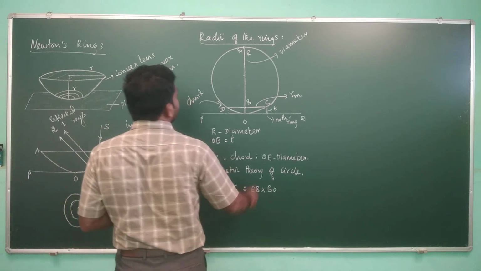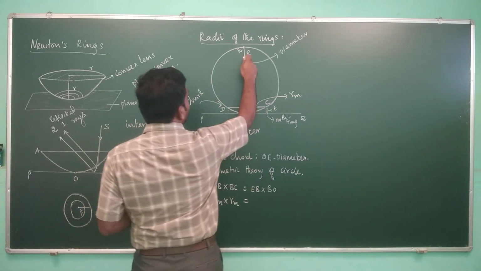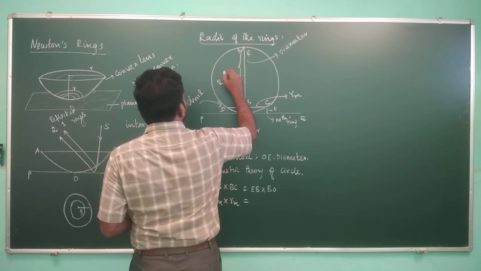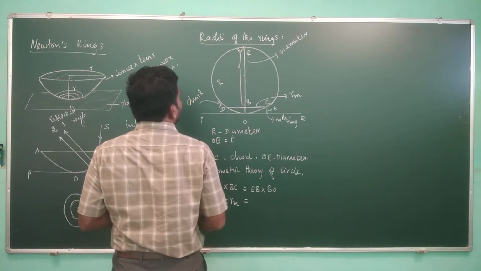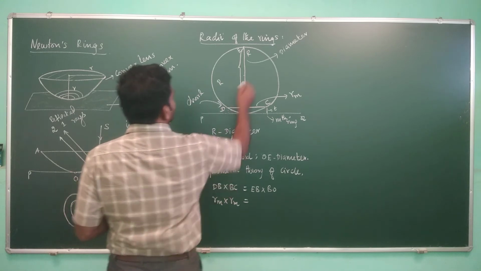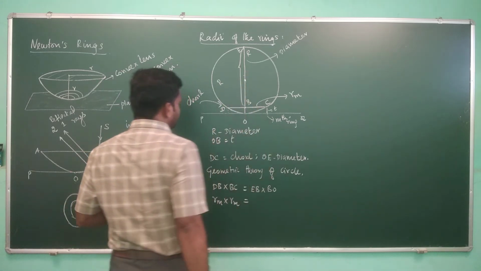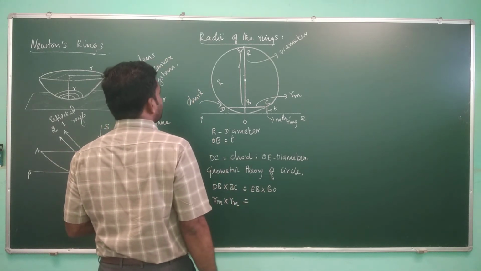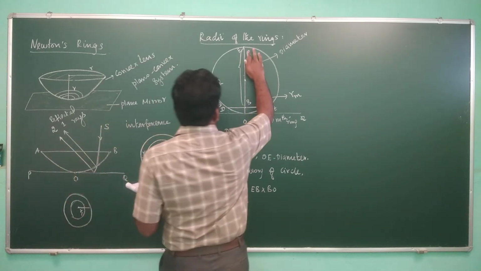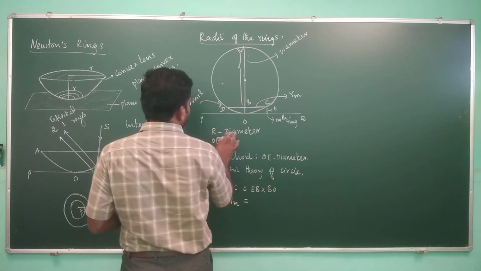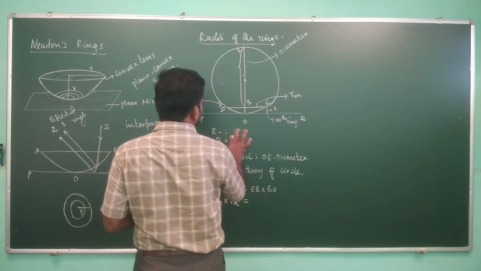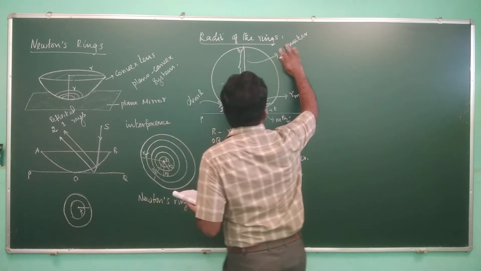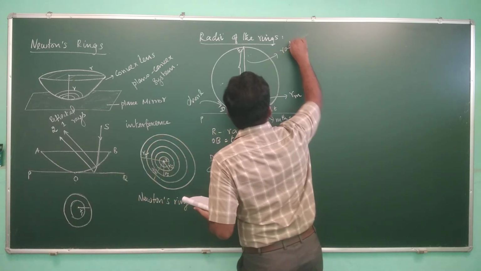What is EB? EO is nothing but R. If you want EB, this is the center, and instead of R as diameter, let us define R as the radius.